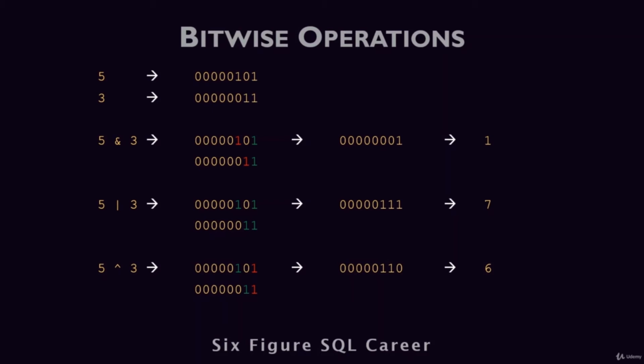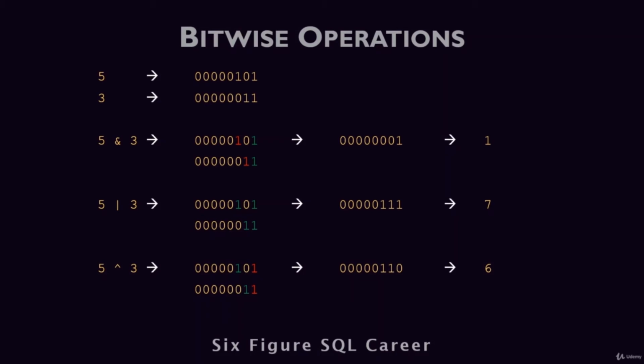When it compares my binary positions, it will evaluate 1 whenever 1 appears in either binary position. So this actually produces a result of 7.